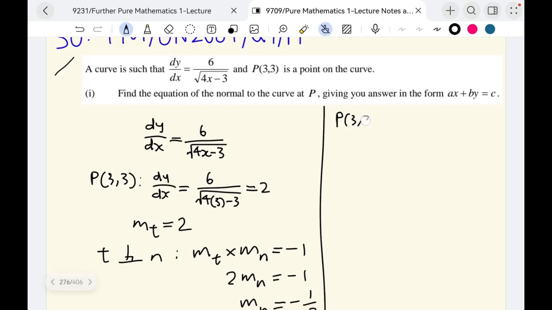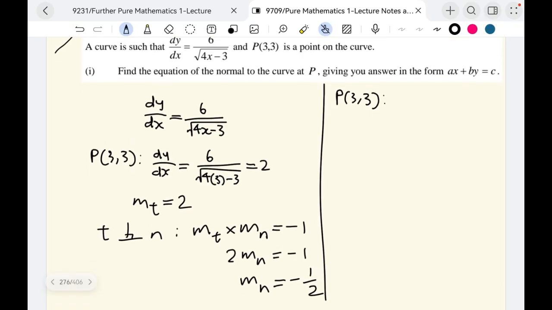But it wants the equation of the normal at point P. So plug in P(3, 3) into the gradient, which is y minus 3 divided by x minus 3 is equal to -1/2. Since the question wants the answer in this general form, you have to comply.